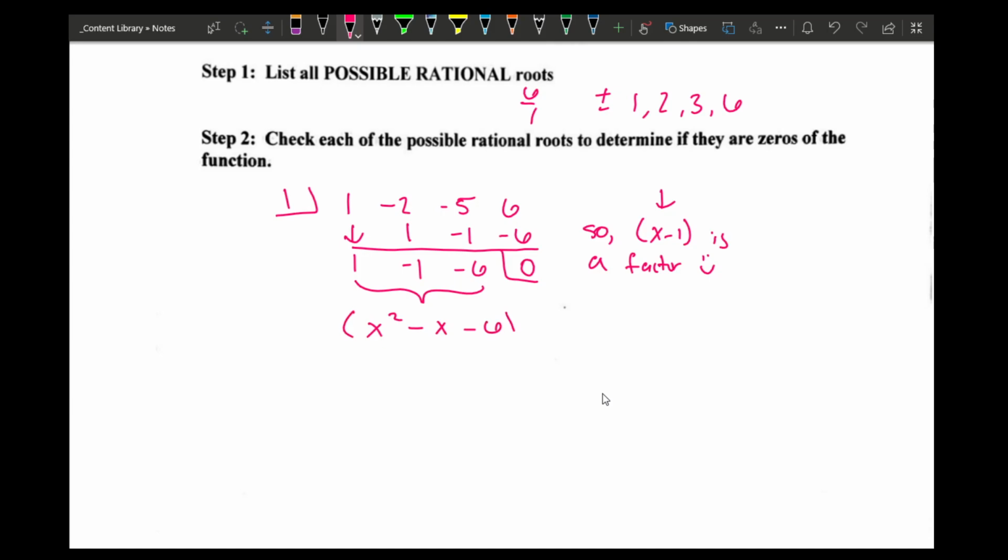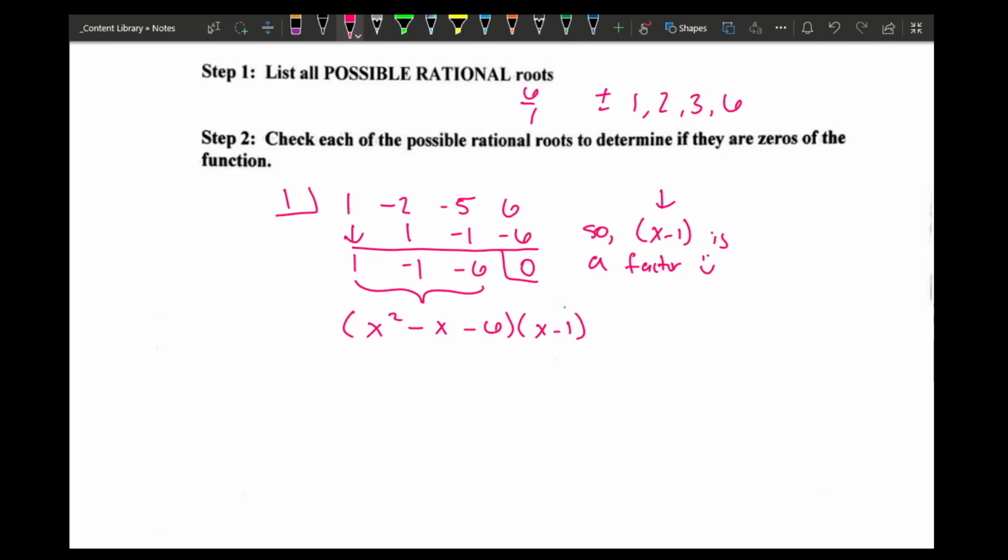And I know I can evenly divide it by x minus 1. Could I keep putting these numbers into this? Yes, but why? We did factoring for what felt like forever. We can factor this in our head. I hope you can anyway.